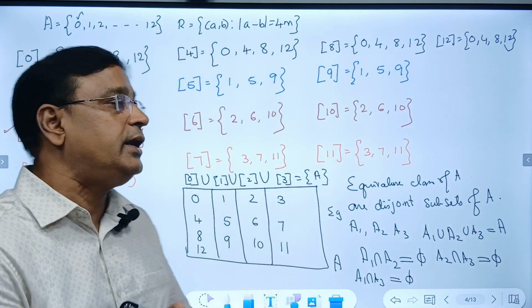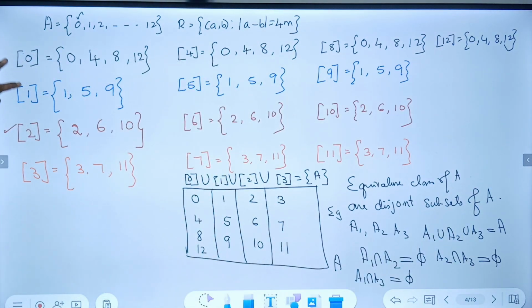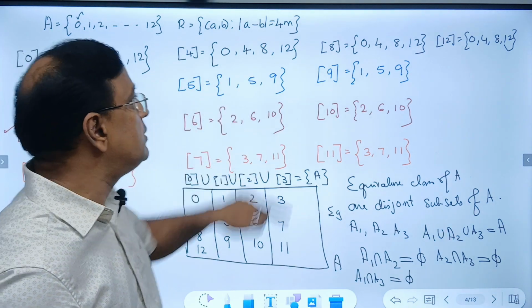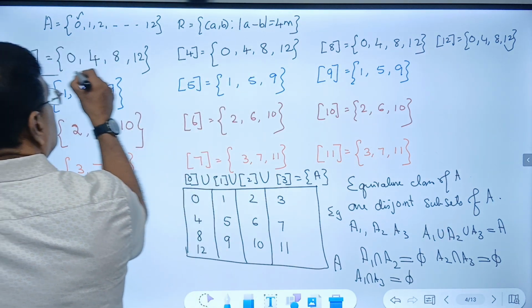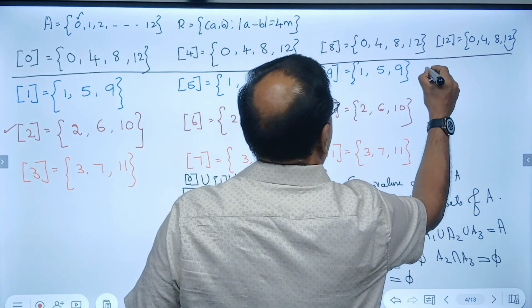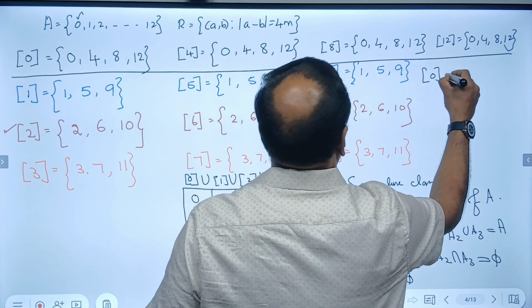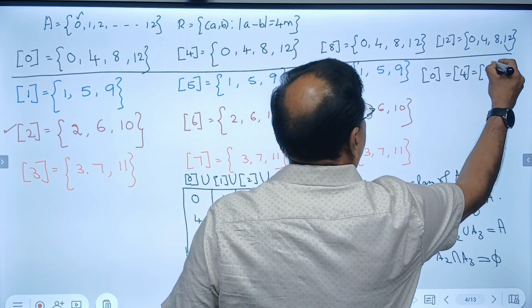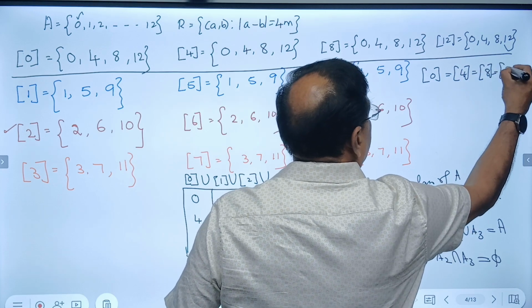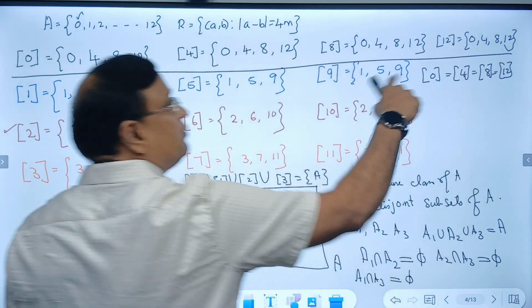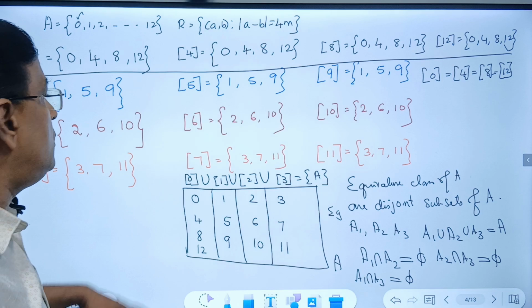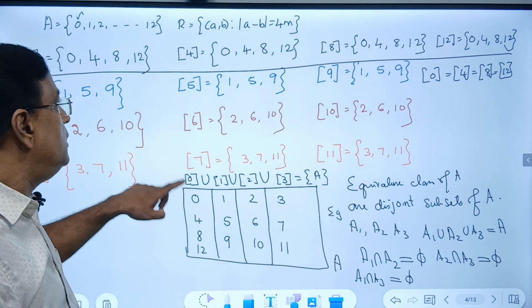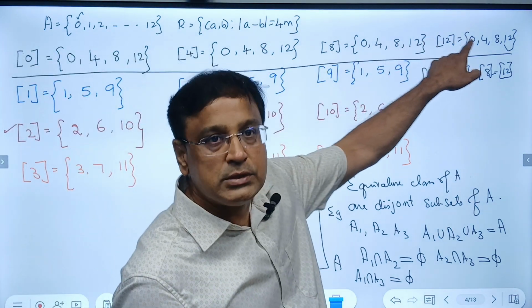And if you notice very carefully, after 0, 1, 2, 3, for all other numbers the equivalence class will repeat. You can see clearly here that the equivalence class of 0 is the same as the equivalence class of 4, is the same as the equivalence class of 8, is the same as the equivalence class of 12. So there will be repetition there. If I talk about the equivalence class of 0, that means I have talked about all of this.